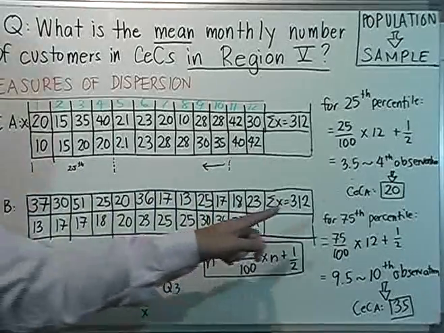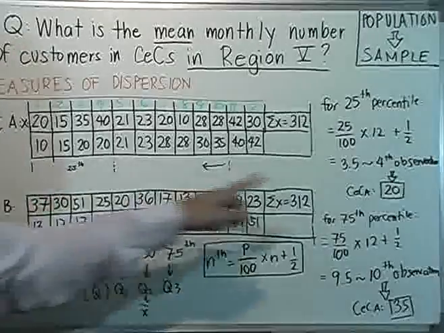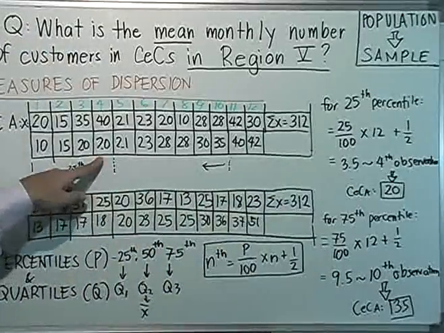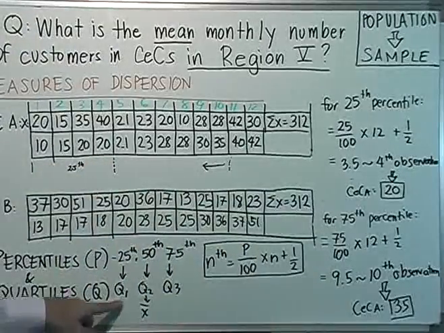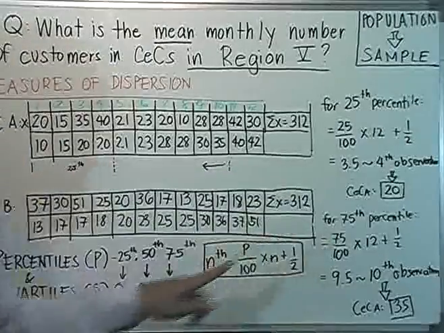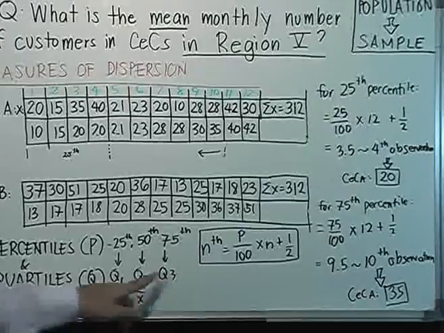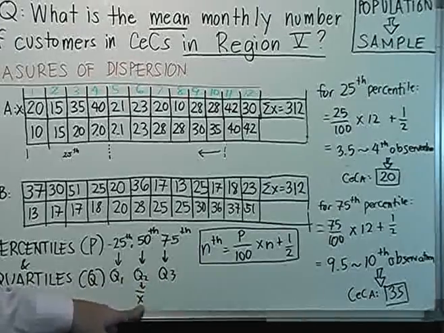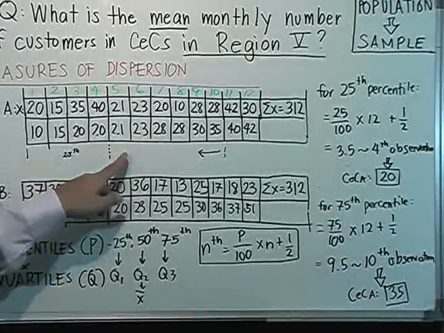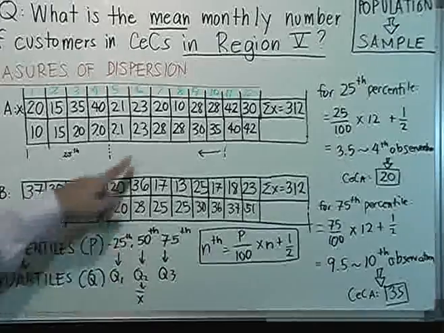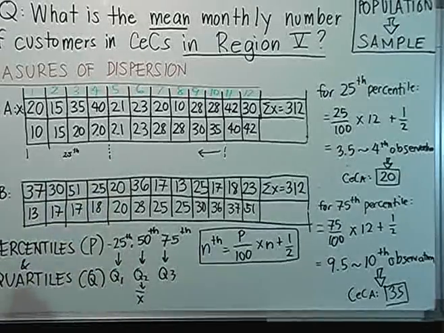And again, as I've said, the 25th percentile, or this number 20, corresponds also to the first quartile, whereas the 75th percentile also corresponds to the third quartile. And then obviously, our mean here is 26, okay? The mean is also the 50th quartile. So this is an expression of dispersion.